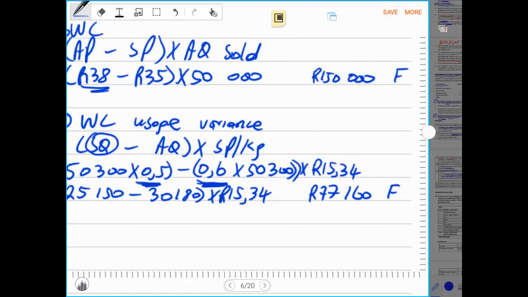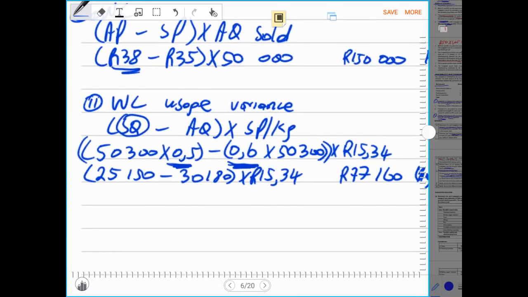unfavorable, because I deducted the small one from the big one. That will be an unfavorable variance. When I calculated, I deducted 30,000 from 25,000. So this is how we calculate our usage variance.